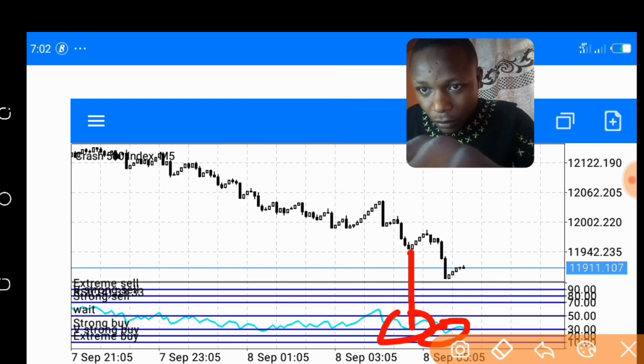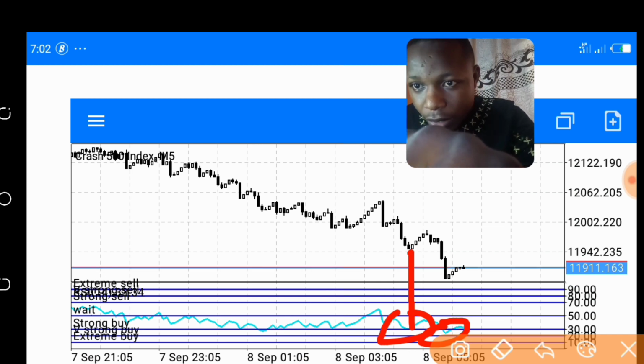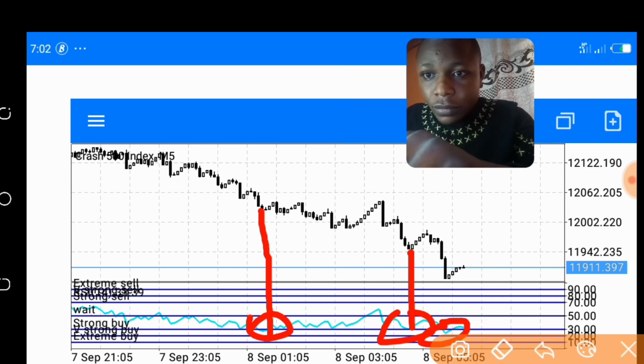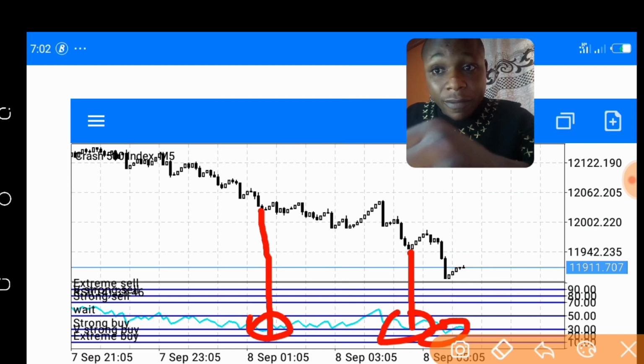Let's see another one. See where it came down to strong buy over here. Let's see if it bought. You can see that it bought over there also. So the trick is, when it is on strong buy, you can buy for, let's say, 5 or 10 minutes.